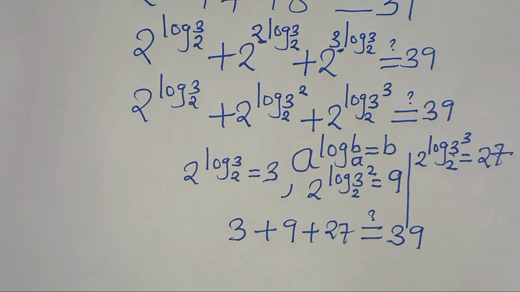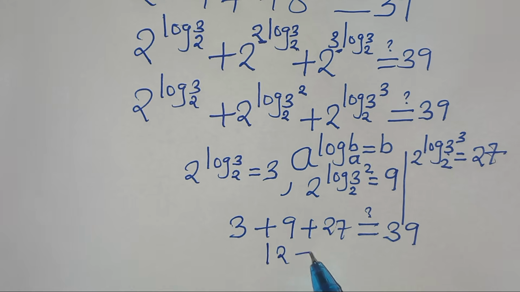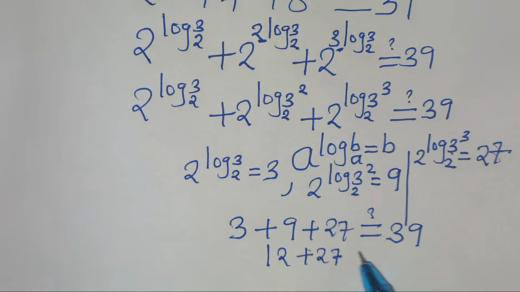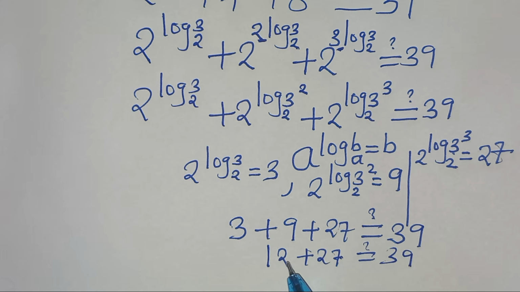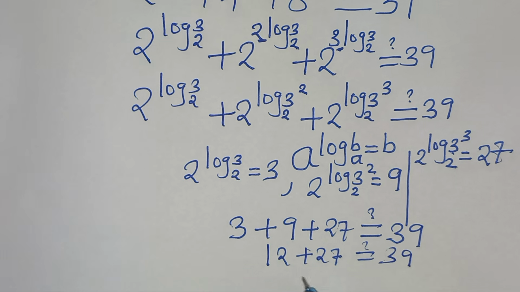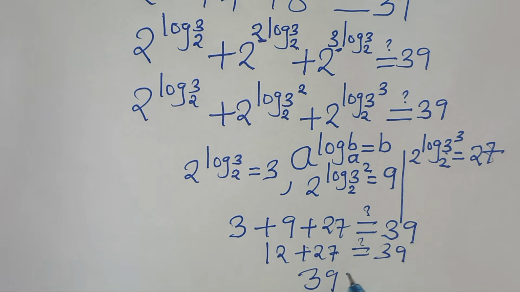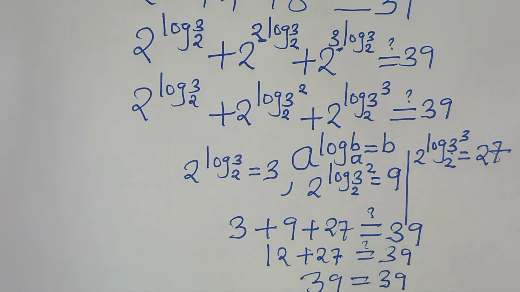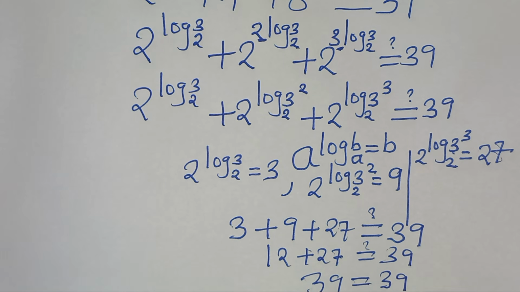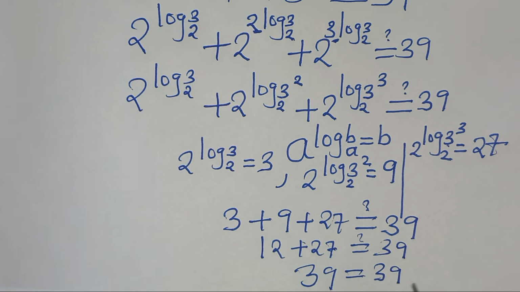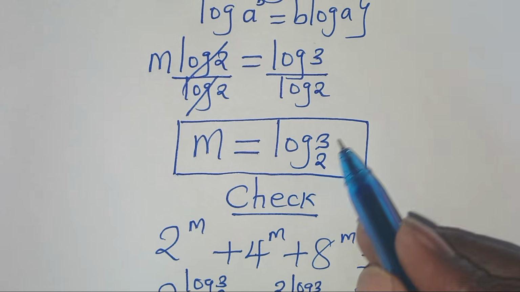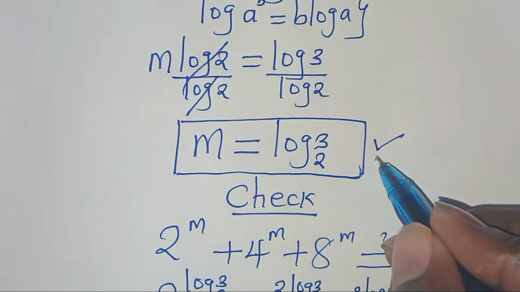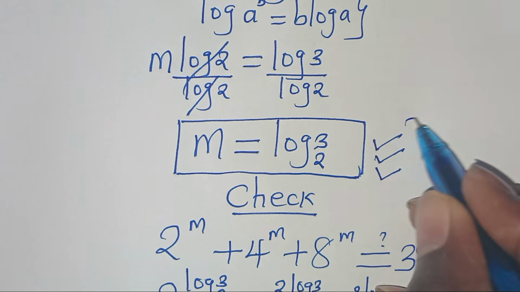So 9 plus 3 is equal to 12, then plus 27. 27 plus 12 is equal to 39, which is equal to 39. So this implies that the left-hand side is equal to the right-hand side. And this affirms that m, which is log 3 to base 2, satisfies the equation.